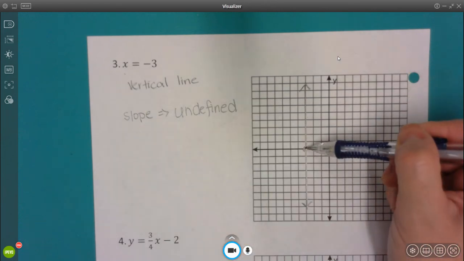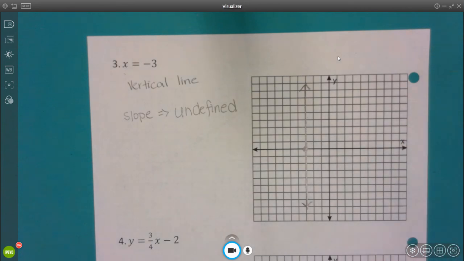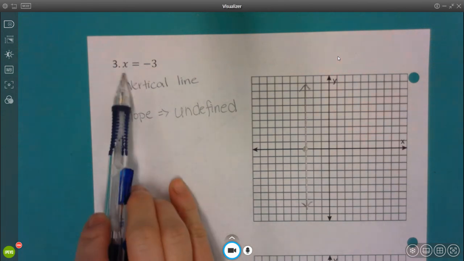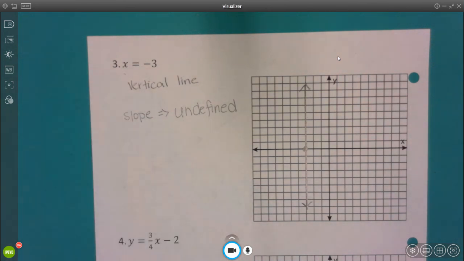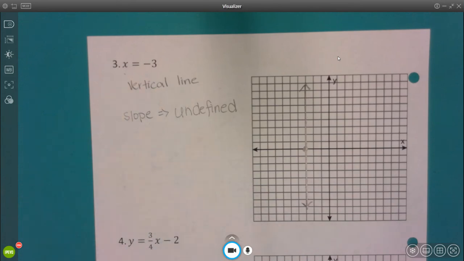However, this is not a function, so I cannot define the slope because it doesn't fall under the overarching title of a function. I still can draw that line based on this information, but it doesn't count as a function, and so we write that our slope is undefined.